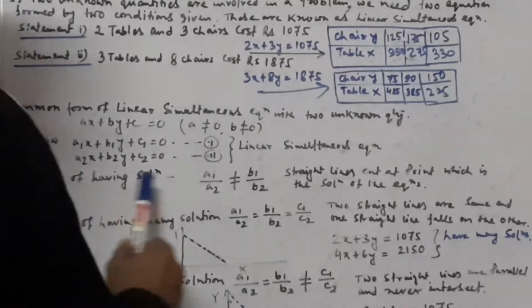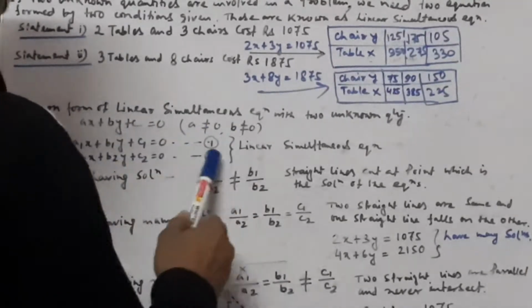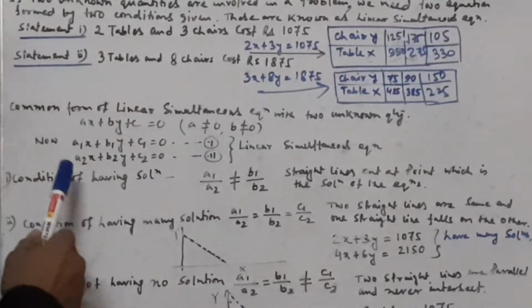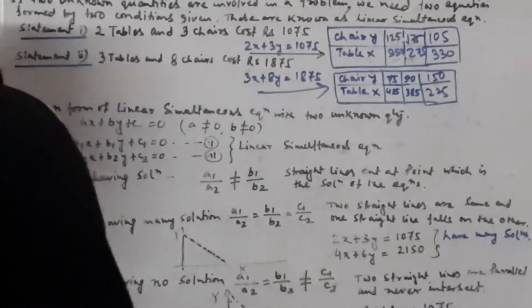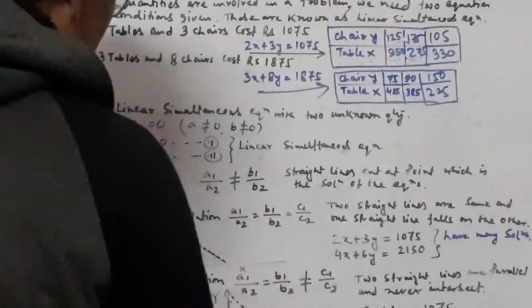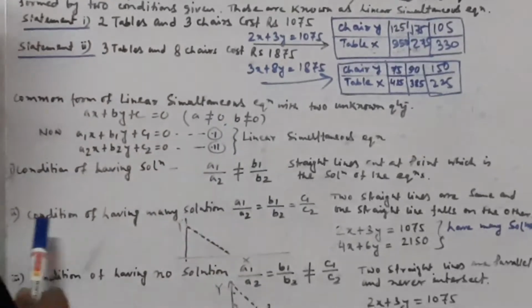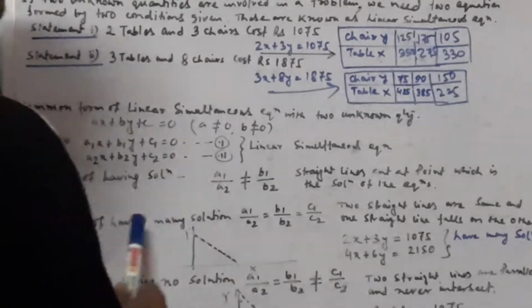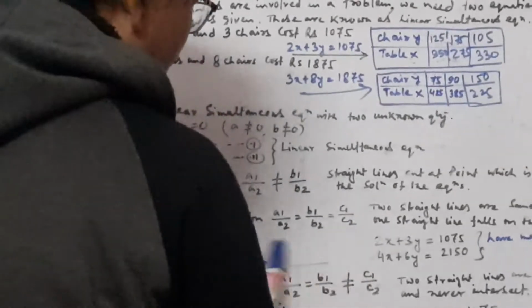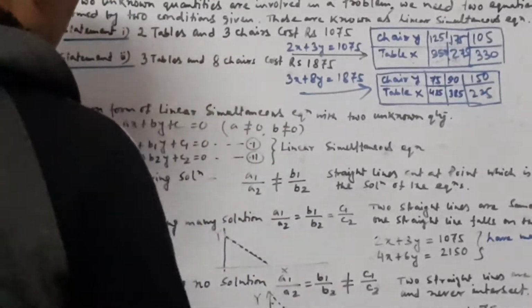Actually, there are three possibilities if we want to solve these two linear simultaneous equations. Number one possibility, the simultaneous equations will have one solution. Number two possibility is that they will have many solutions, that means more than one solution.